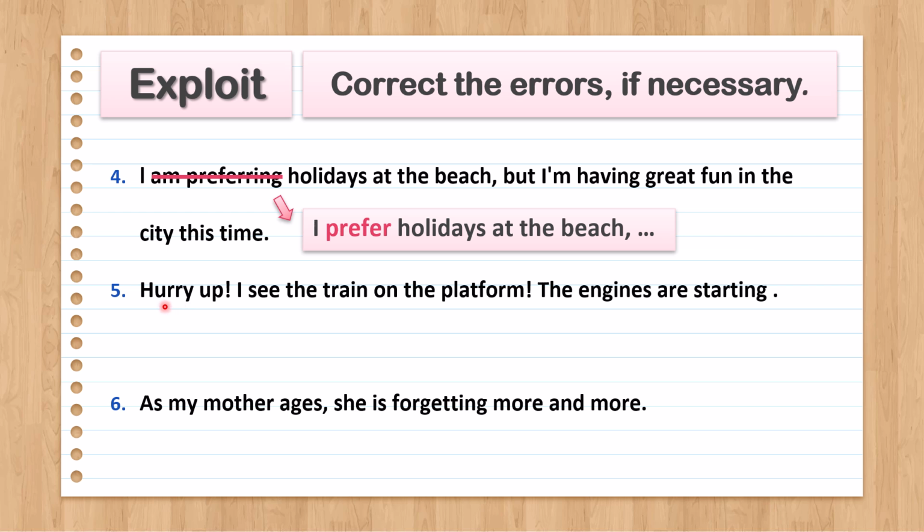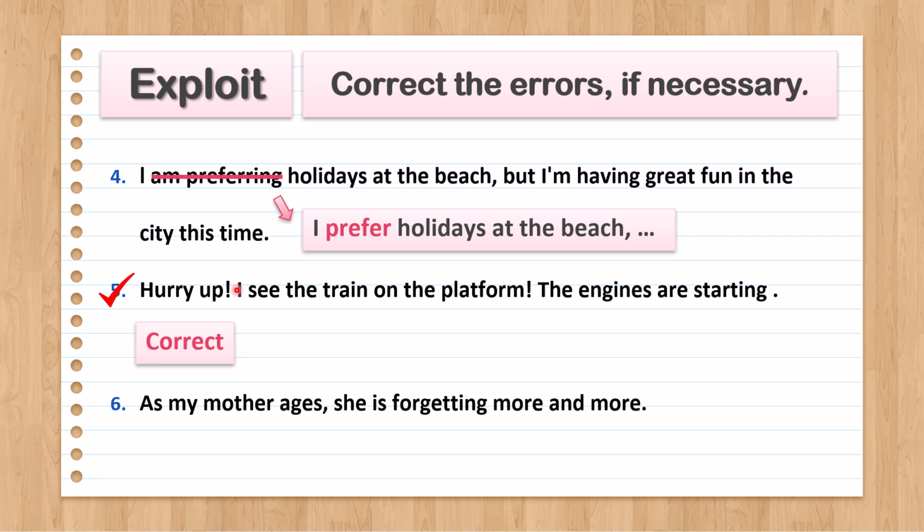Number 5. Hurry up. I see the train on the platform. The engines are starting. This one is about using your eyes, literal vision. So see is a stative verb here. And the sentence is already correct. And the last one.